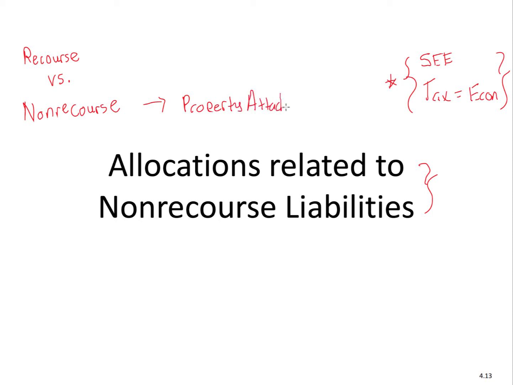So if you borrow money, let's say, and you buy a house for $1 million, and you borrow that $1 million on a non-recourse basis, and you attach the property, okay, the property is going to attach to the actual mortgage, okay?